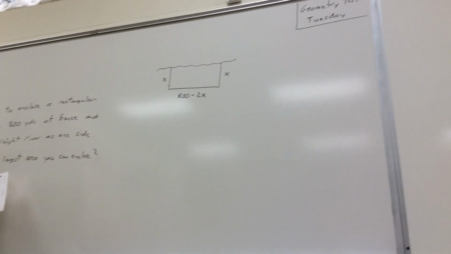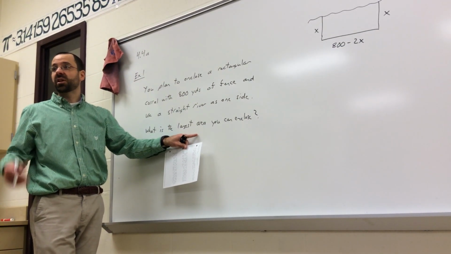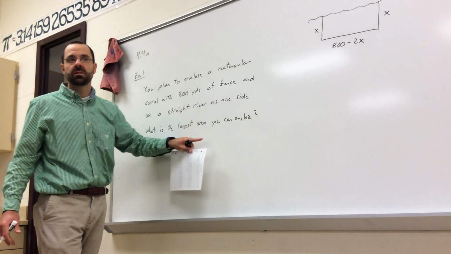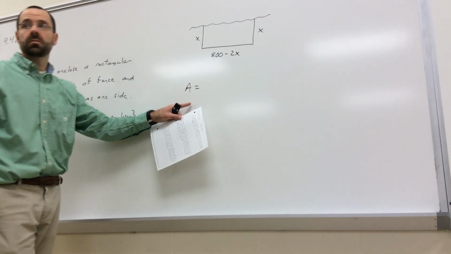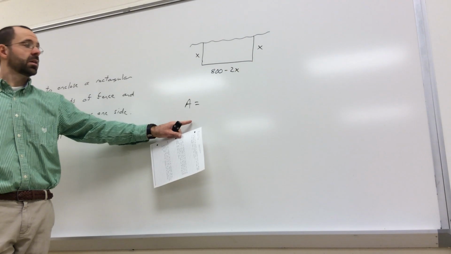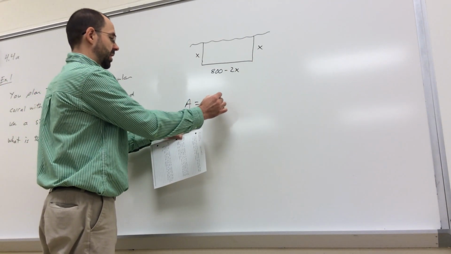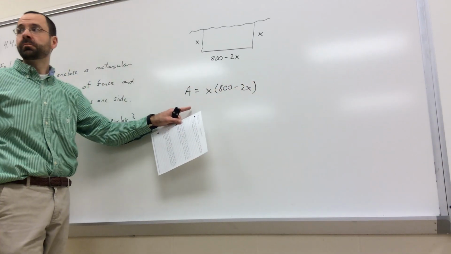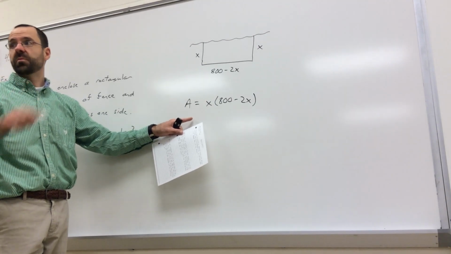So this question is asking for the largest area, so we need a formula for area. The area of this rectangle is x times 800 minus 2x, because the area of a rectangle is length times width.